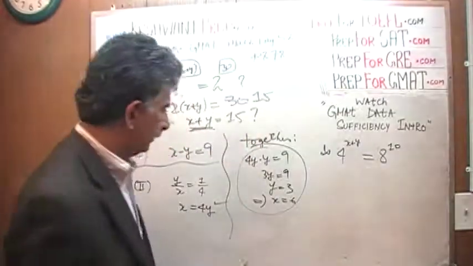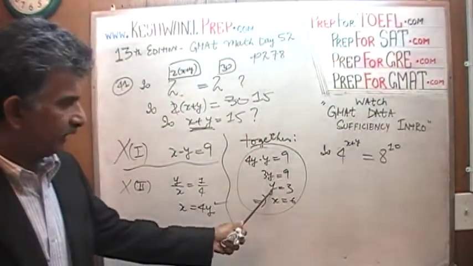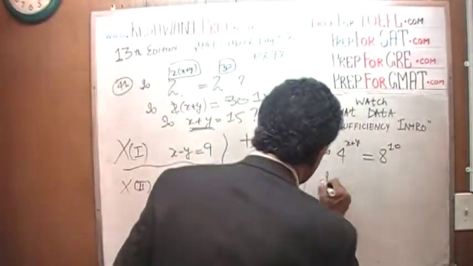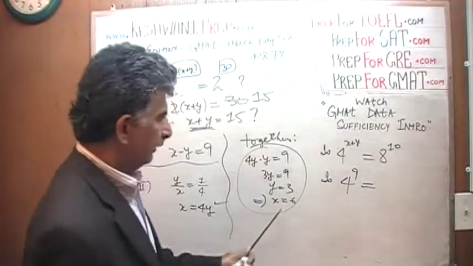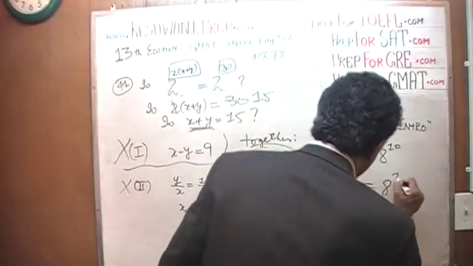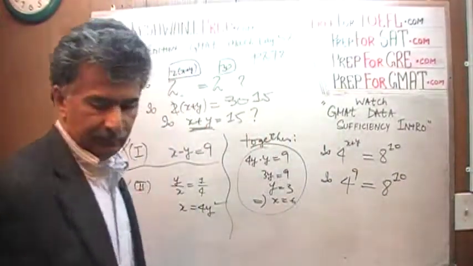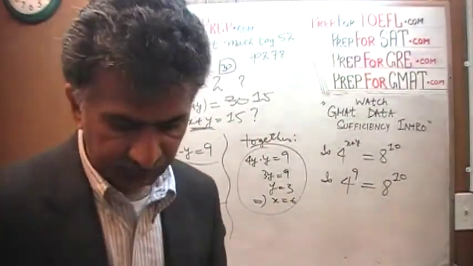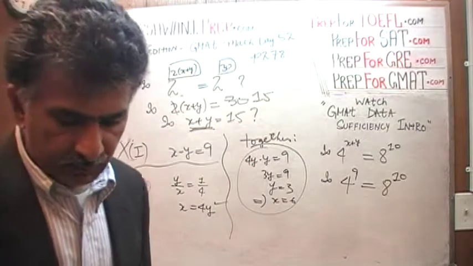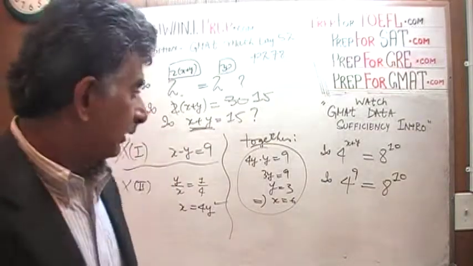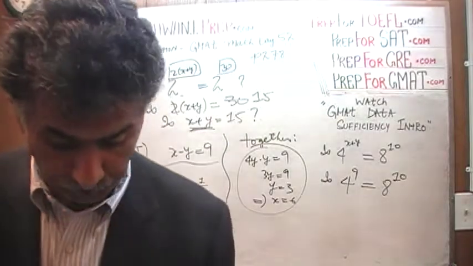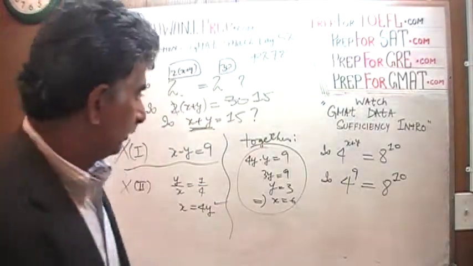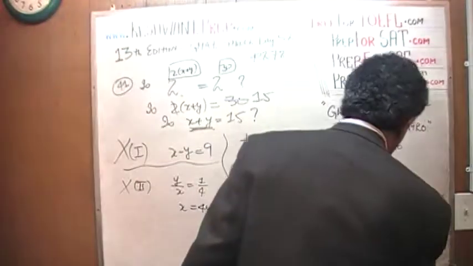And we just found out that x is 6 and y is 3. So they're asking us, is 4 raised to 9 equal to 8 raised to 10? To which the answer would be, of course not. No way. The answer is no.